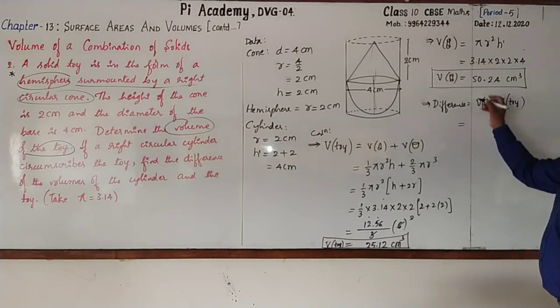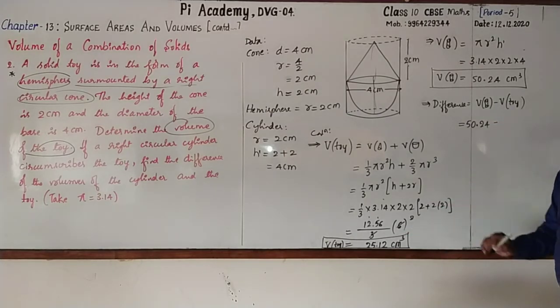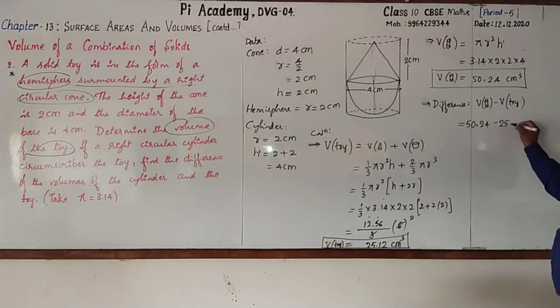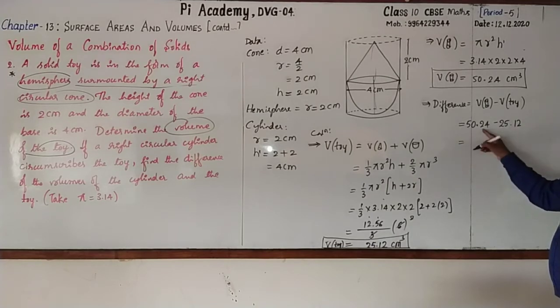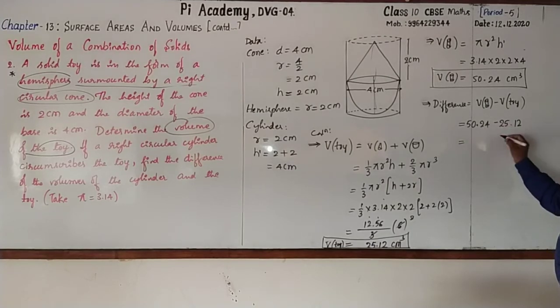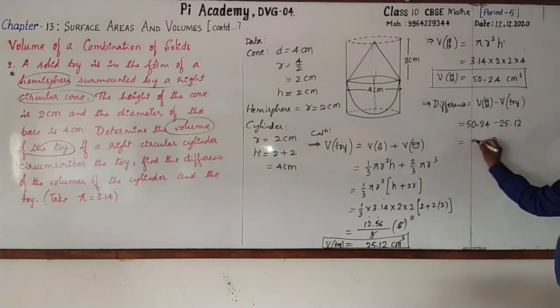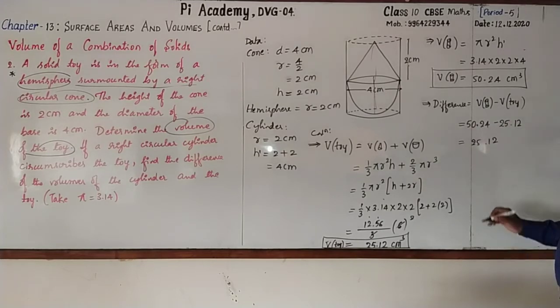What is the volume of cylinder? It is 50.24 minus volume of toy. It is 25.12. Now 4 minus 2, 2. 2 minus 1, 1. 50 minus 25, directly you can write 25.12. This is centimeter cube.